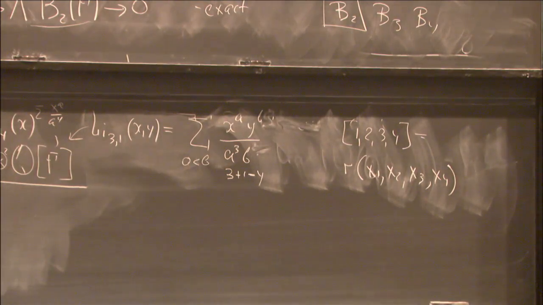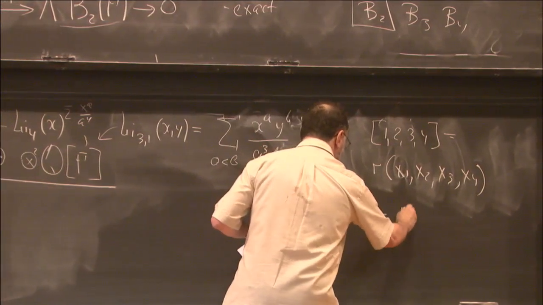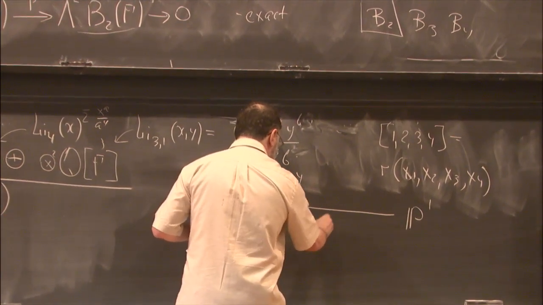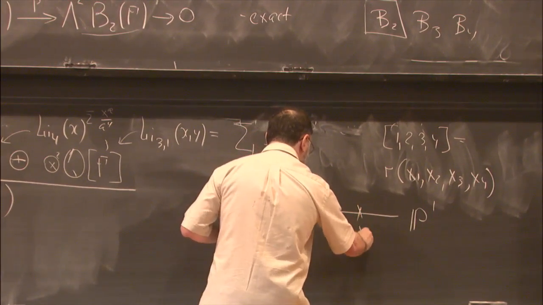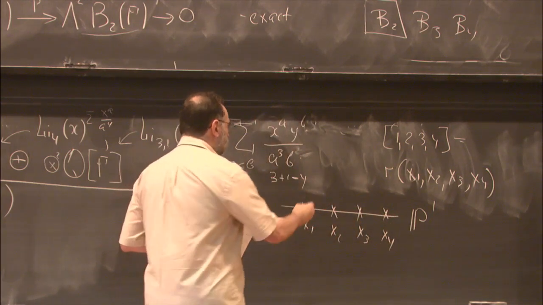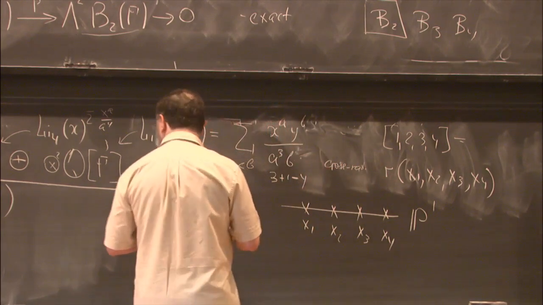This is a cross ratio. So I have the projective line, and I take 4 points. I call them x1, x2, x3, and x4. And I take the cross ratio, and I call it r.